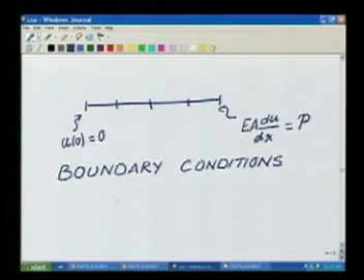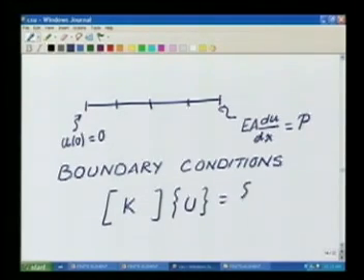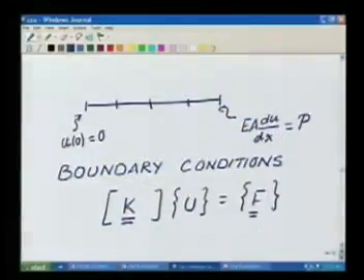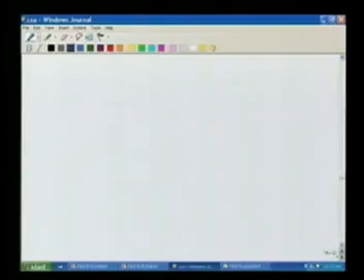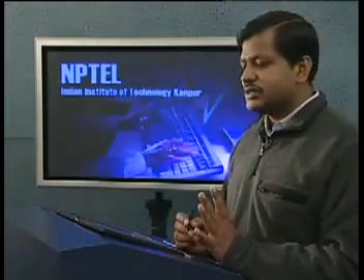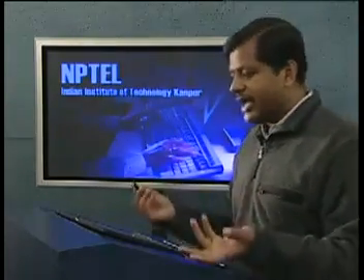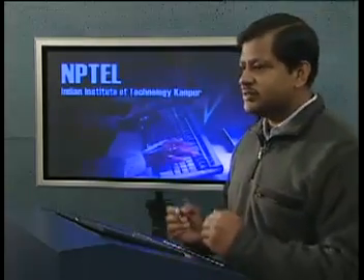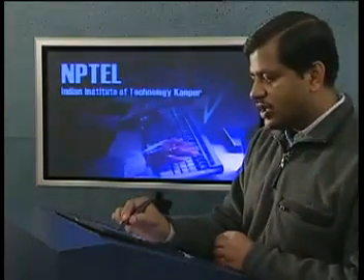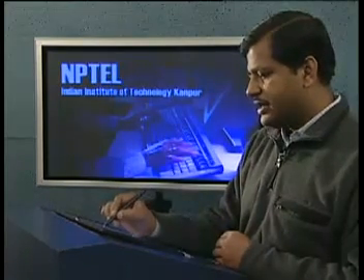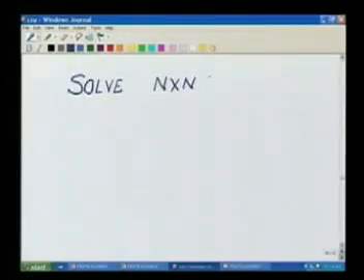Once we enforce the boundary conditions, it is going to show up in terms of modification of the stiffness matrix and the load vector F. Finally, we have the system of equations corresponding to the 5 unknowns that we have posed in this problem. You can have 10 unknowns, n unknowns. So I will have n equations in terms of the n unknowns which we are going to solve. An n by n system of equations.